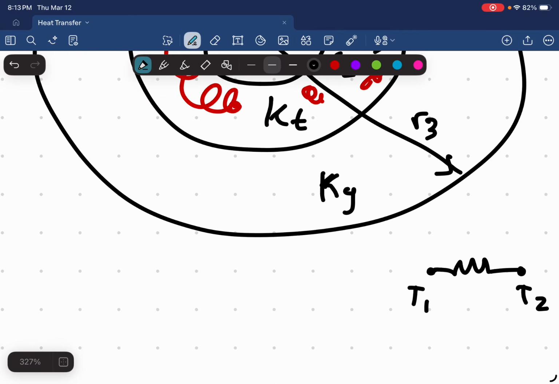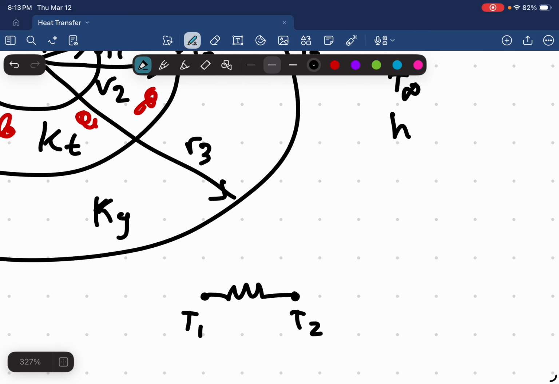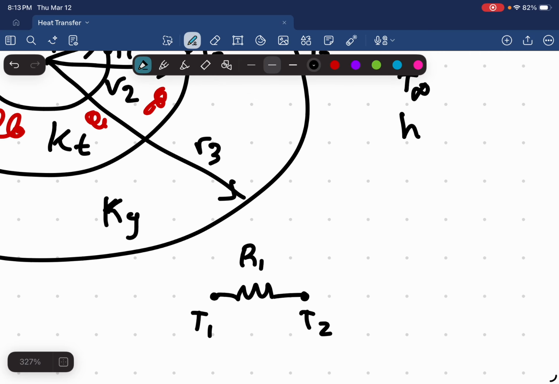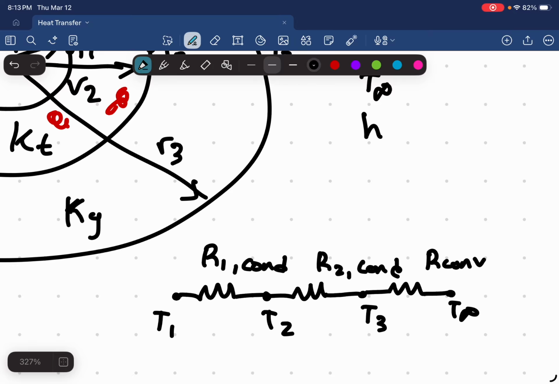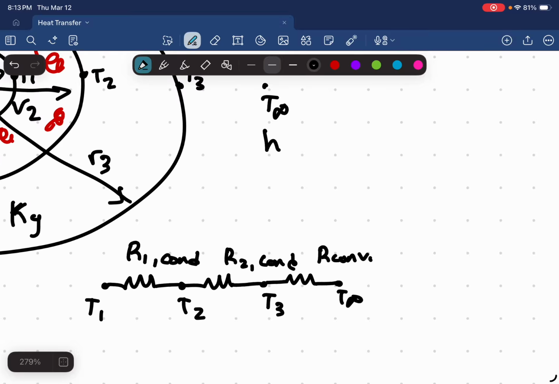So this is going to be resistance 1 of conduction, and then between temperature 2 and temperature 3 is another conduction, and then the resistance between temperature 3 and the ambient air is going to be convection. Okay.